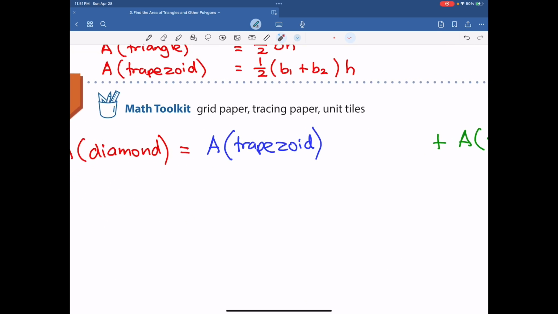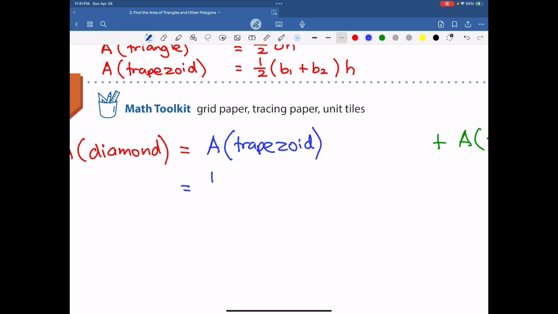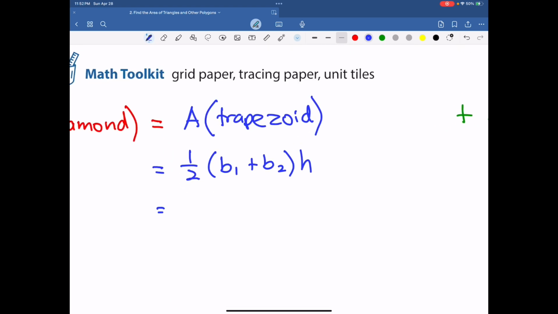So let's write down the area of a trapezoid equals 1/2 the quantity, base 1 plus base 2 times the height. And I know that base 1 is going to be 6, base 2 is going to be 4, and the height is 2. So let's write down 1/2 times the quantity 6 units plus 4 units, all of that times the height of 2 units.